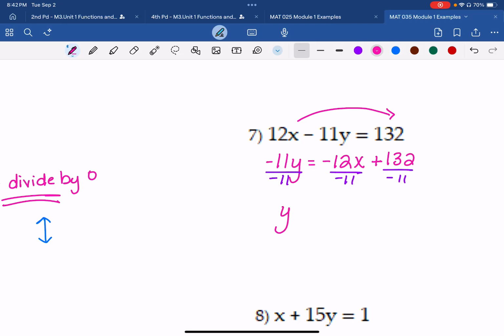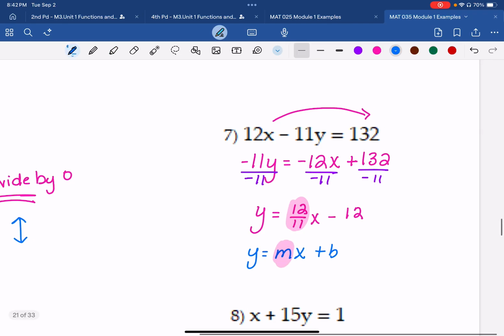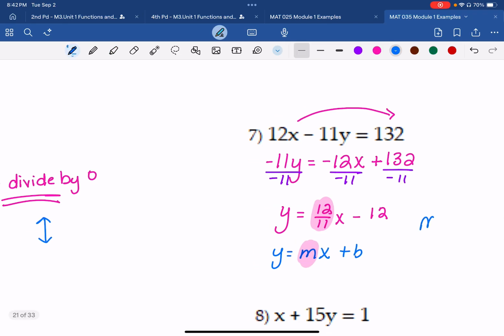And so I've got y equals 12 over 11x minus 12. But now the part I want, y equals mx plus b, I just want that. That's what I need if all I'm trying to find is the slope. And so the slope is 12 over 11.